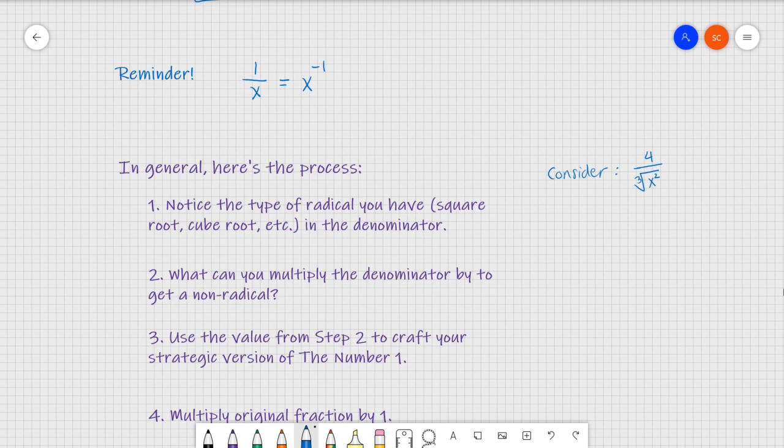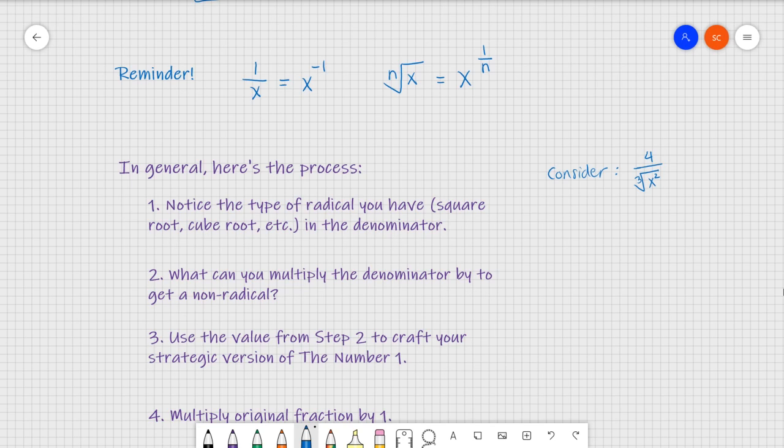So let's say I have some type of root, the nth root, so the square root, the cube root, fourth root, fifth root. I can rewrite that using fractional exponents. So I can say that's the same as x to the 1 over n. Notice the root is in the bottom. Roots are in the bottoms of trees, roots are in the bottoms of flowers, so that helps you remember.